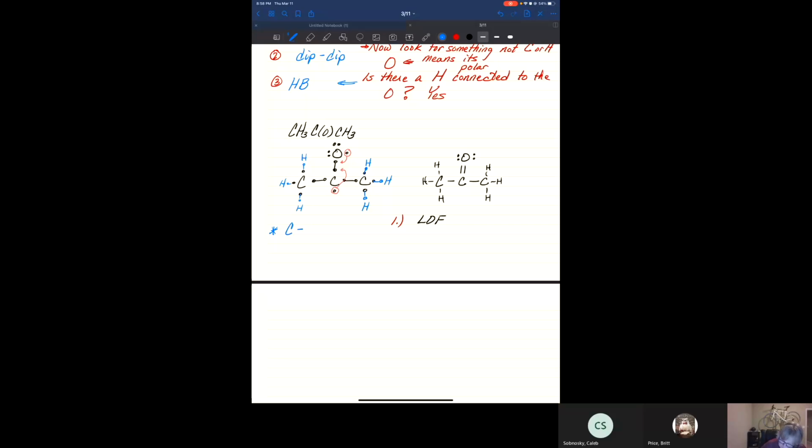Carbon-hydrogen bonds, non-polar. You can look up the numbers. It's fine. I'll tell you right now, the difference in electronegativities, carbon, hydrogen, is 0.4. So we consider it to be essentially non-polar.